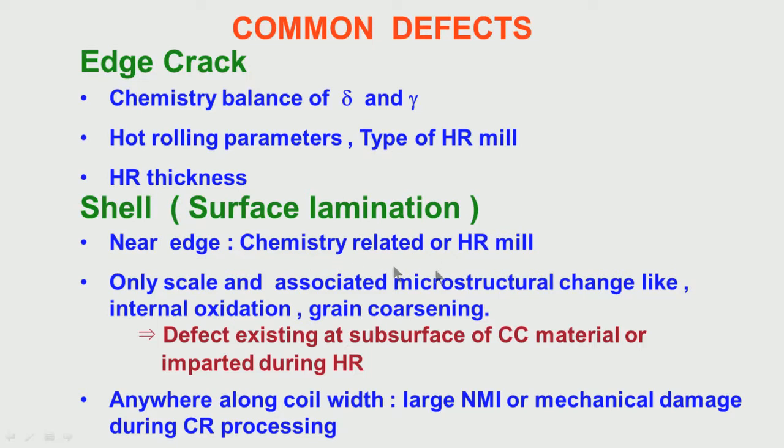So, it is chemistry related, and we can control it, as I have told you earlier, by minor adjustment of chemistry. If it is coming from the mill, you have to tackle it in a different way, which I am not discussing in this particular session.